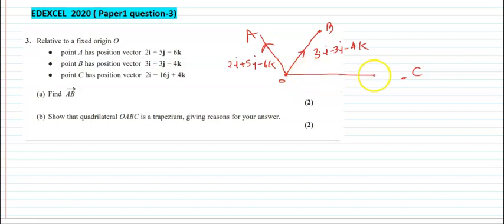Suppose I'm just taking randomly, position vector of point C is given 2i minus 16j plus 4k. And you need to find AB.